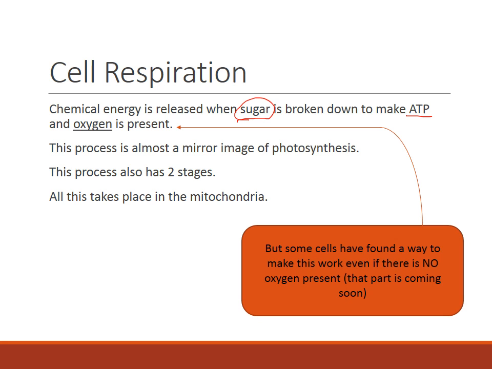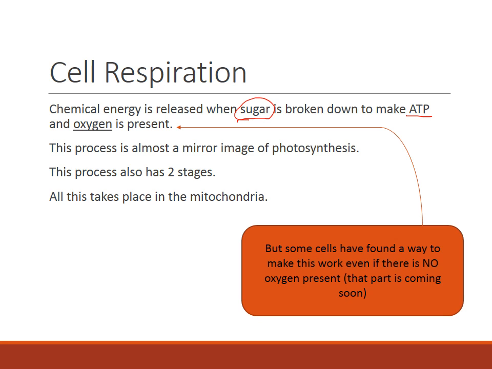Now, this process is almost a mirror image of photosynthesis, and we'll talk about some of those similarities in a little bit, but I just want you to recognize that the beginning of one is the end of the other process. So the beginning of photosynthesis is the end of cell respiration, and the beginning of cell respiration is the end of photosynthesis. I'll show you an image on the next slide that makes a lot more sense of that.